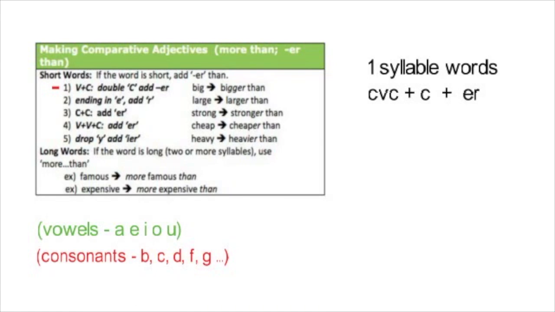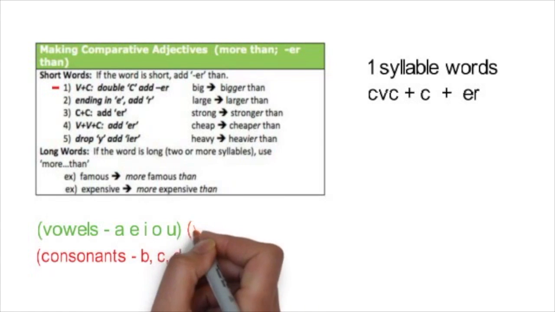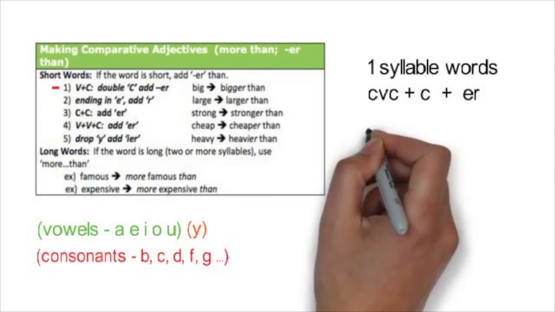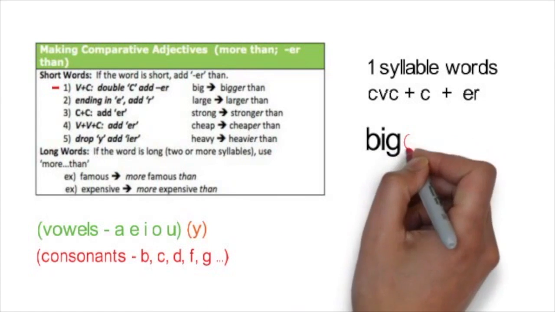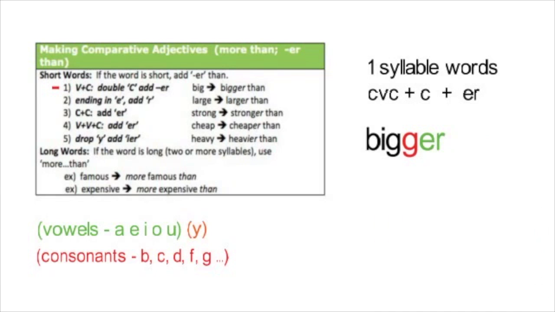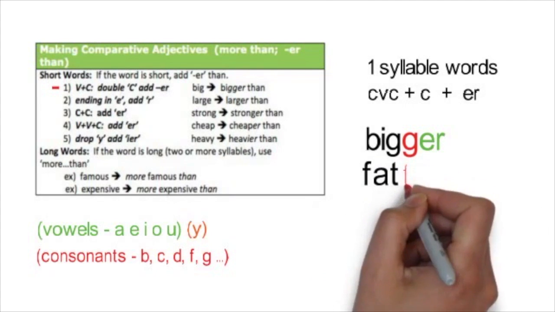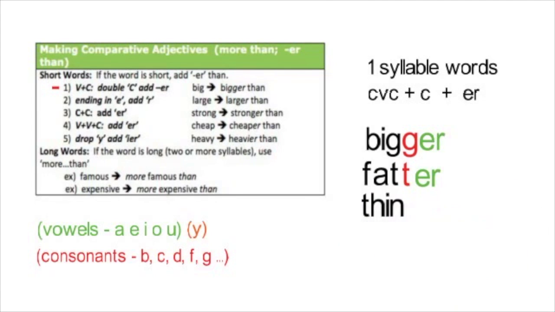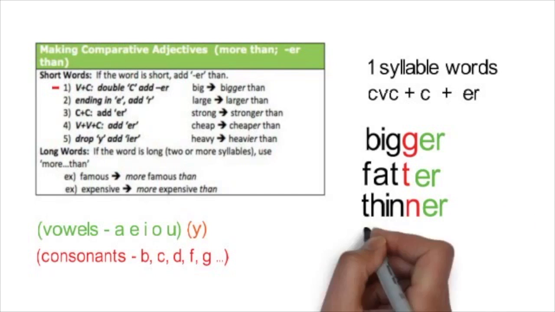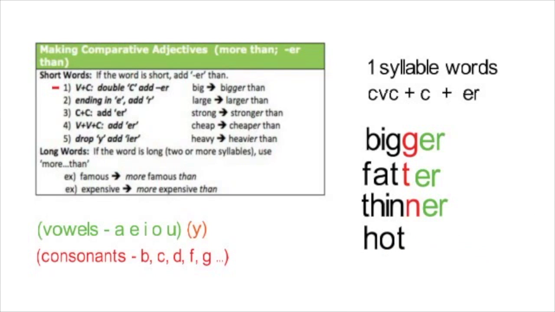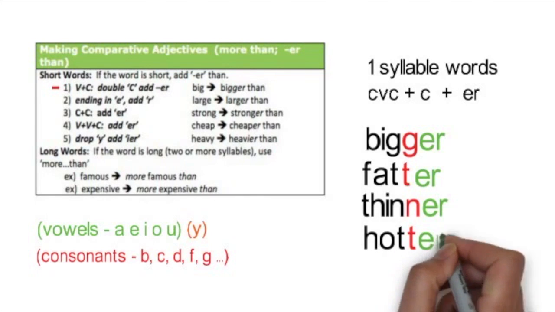Y can be either a vowel or a consonant. So, big becomes bigger, fat becomes fatter, and thin becomes thinner. What about hot? Can you change it into a comparative adjective? Yes, that's right. Hot becomes hotter.